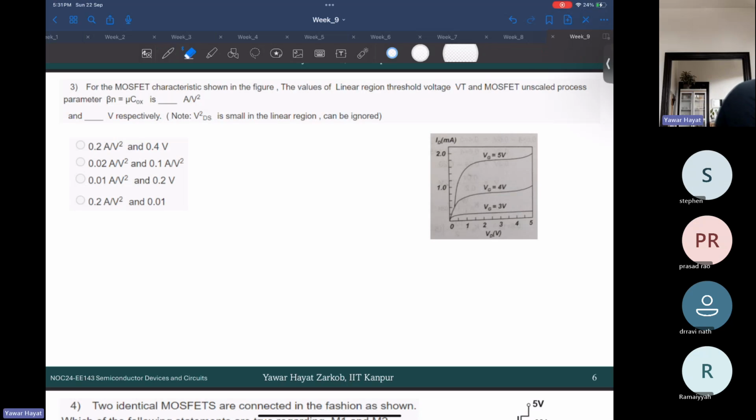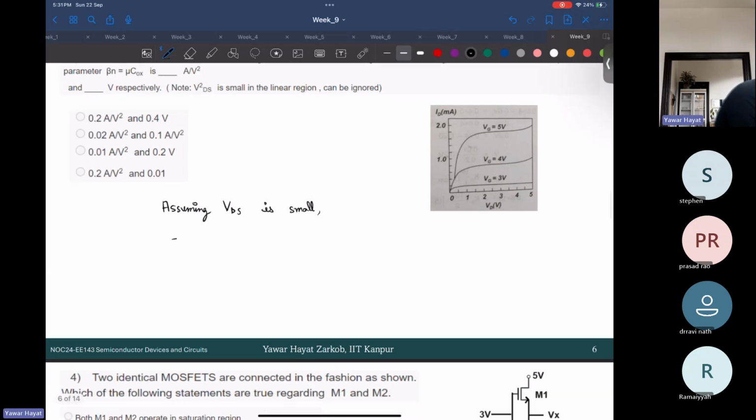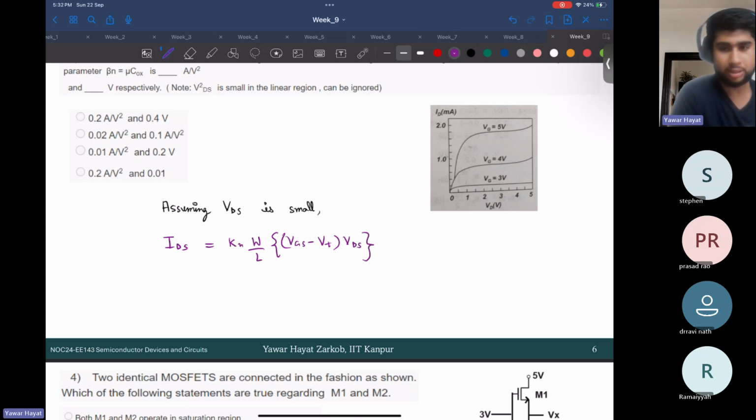The idea is VDS is small. Assuming VDS is small, you can write IDS equal to Kn times W by L times VGS minus VT times VDS. Is that clear?